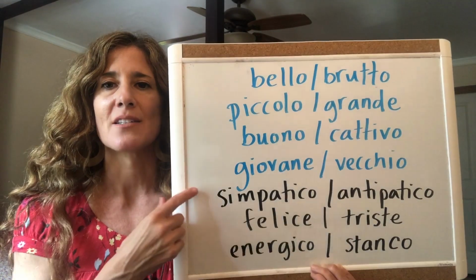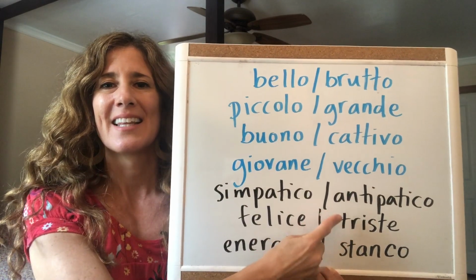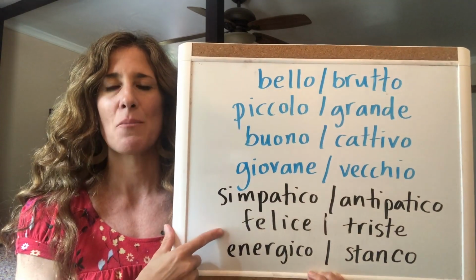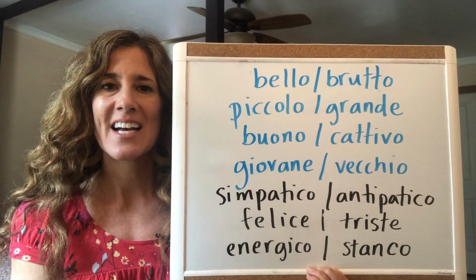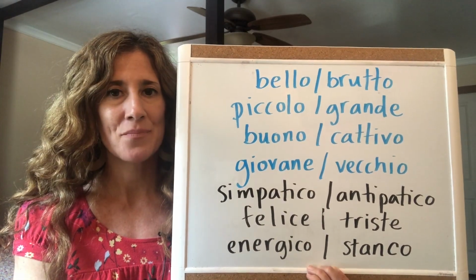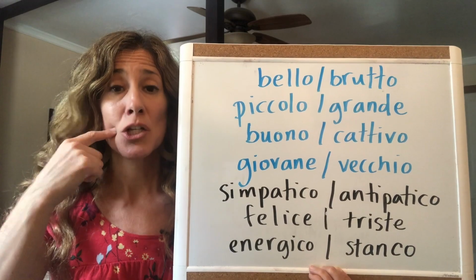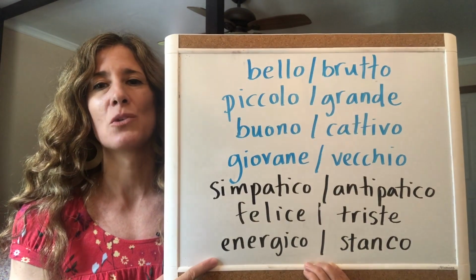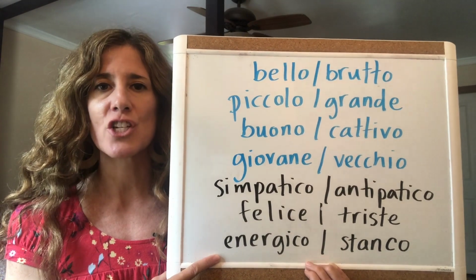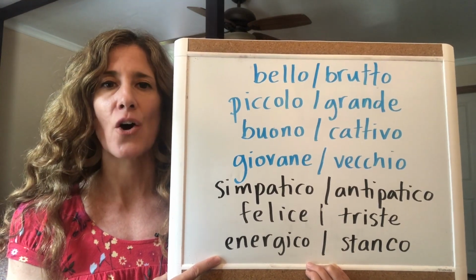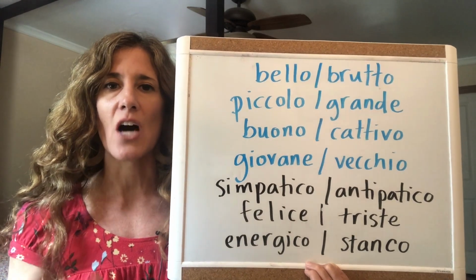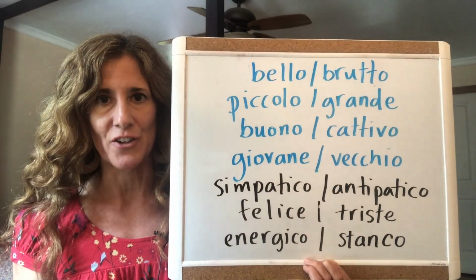And that means nice, the opposite of nice, not nice. Okay? Poi, felice, triste. Felice, triste. Poi l'ultimo gruppo, energico, stanco. Energico is energetic, stanco is the opposite, is tired, okay?